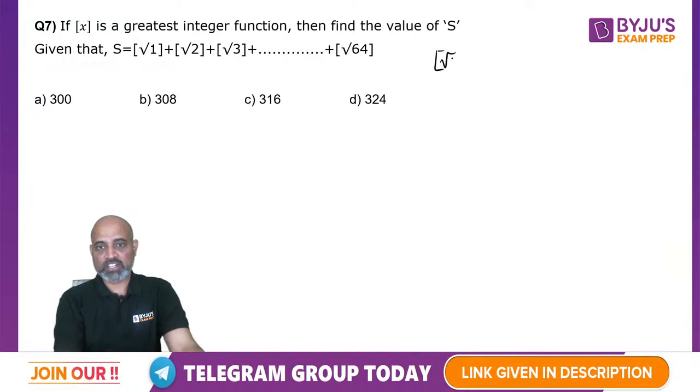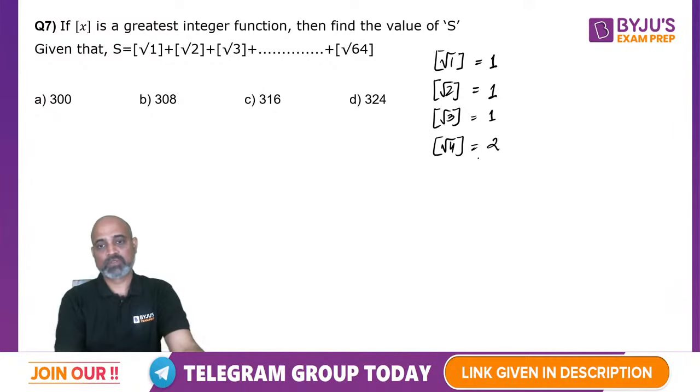Okay, greatest integer of square root of 1 will be 1. Greatest integer of square root of 2 will be greatest integer of 1.414, which will still be 1. Greatest integer of square root of 3 will be 1. Greatest integer of square root of 4 will be 2.